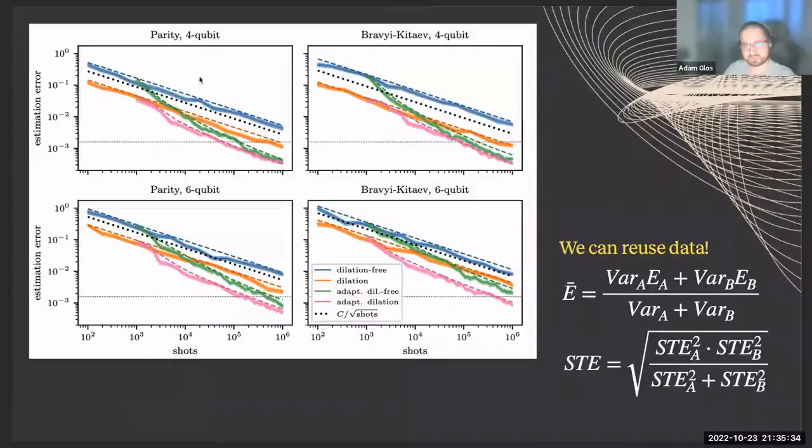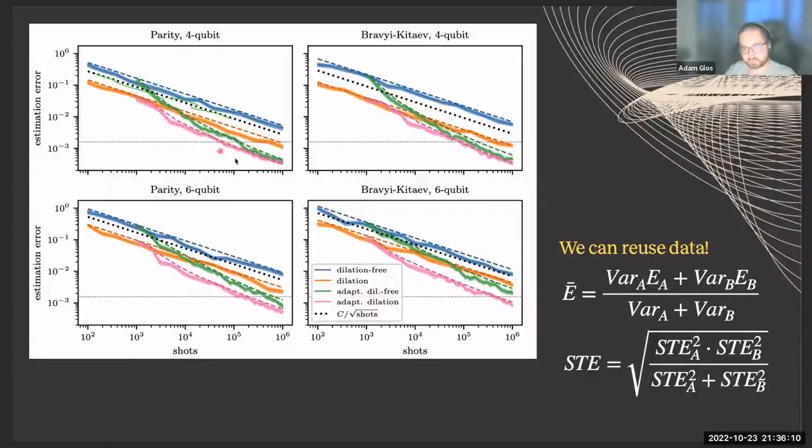So basically, these are the results. I don't want to go very deep into the methods. I will just briefly say that for some portion of shots we were optimizing the POVM, while typically you would have something like this dotted line. Here, we can have a kind of scaling in complexity that goes way below this.